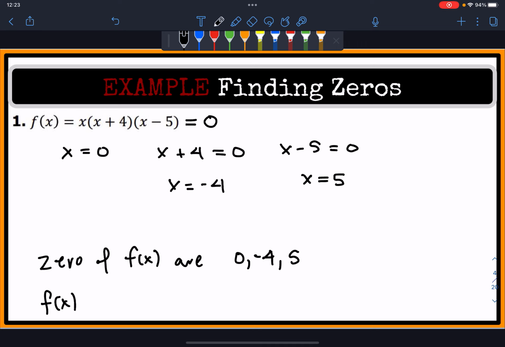So f of x is equal to 0 when x is equal to 0, negative 4, or 5, okay? So these are the two ways of thinking about this and answering the question. Again, these are your zeros for this function.